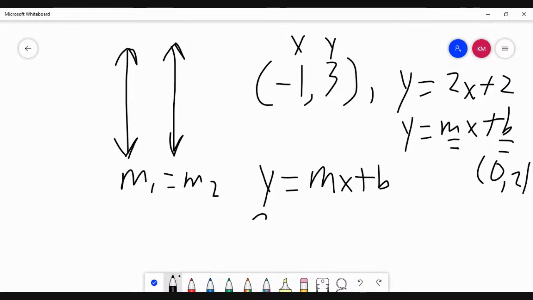So y would equal 3, m will equal 2, because they have to have the exact same slope. x will equal -1, and b is what we are trying to find.